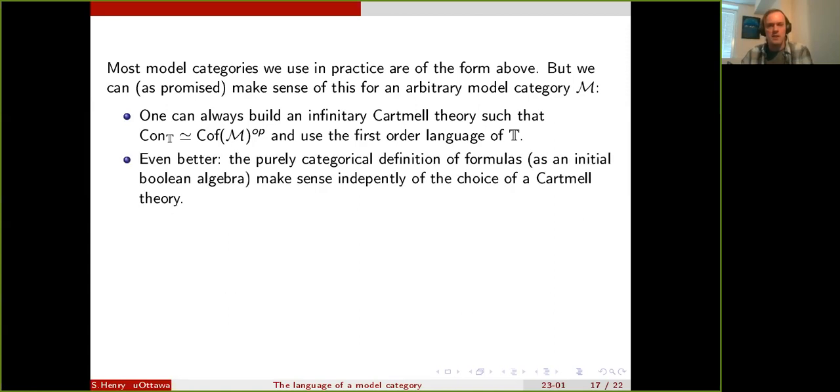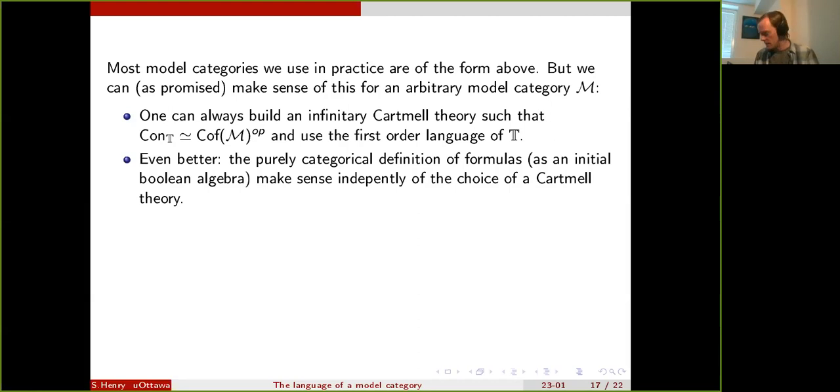One other way to do it is that if you take the purely categorical definition of formula, as the initial complete Boolean algebra over the category of contexts, you can see that in the previous points, the object of formulas does not depend on the choice of the Cartmel theory. It only depends on this category of cofibrant objects and cofibrations between them. And so the purely categorical definition, you can make sense of it directly on M without ever mentioning a contextual category.